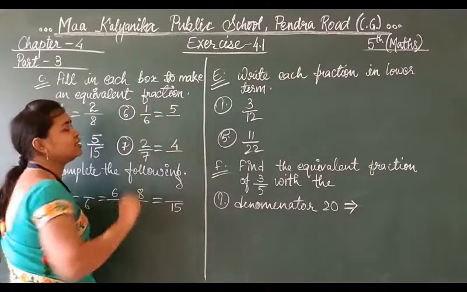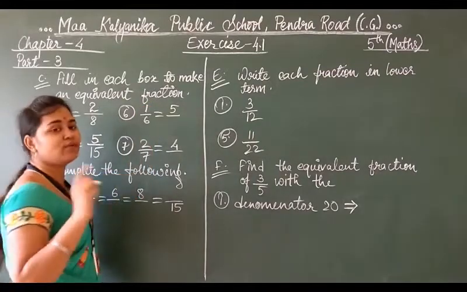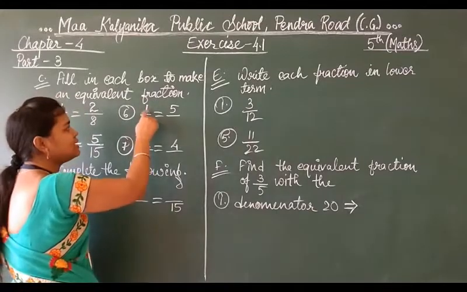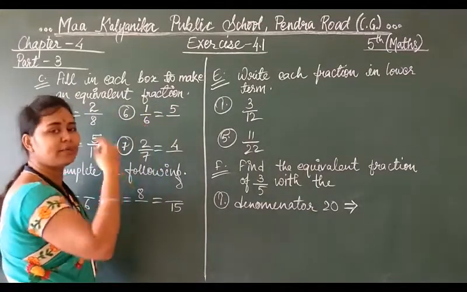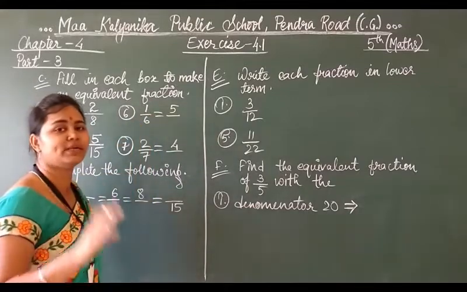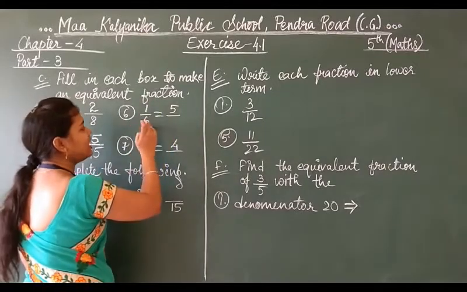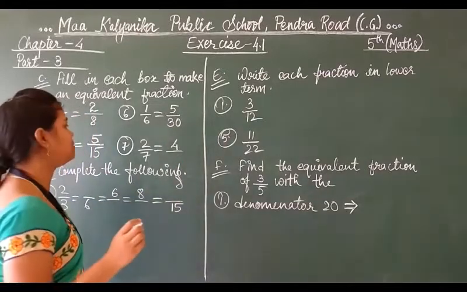So you know the multiplication rule, that when you are multiplying 1 by any number, we are getting the same number as the answer. So 1 multiplied by 5, answer is 5. So that's why 6 multiplied by 5, because we have to multiply both numerator and denominator by the same number. So 1 into 5 is 5 and 6 fives are 30. So in this way 30 will be received.